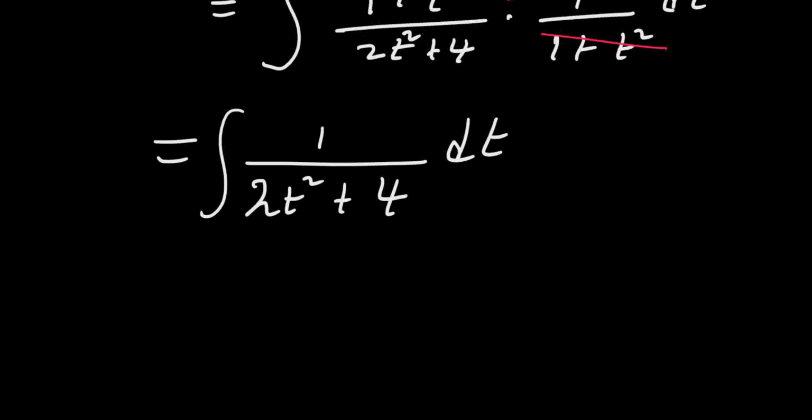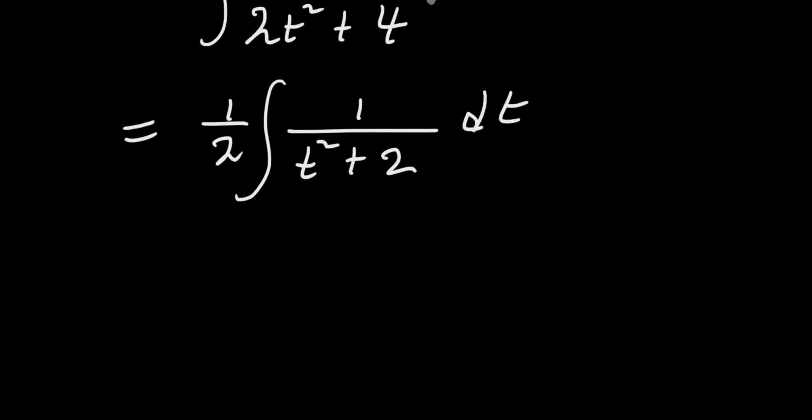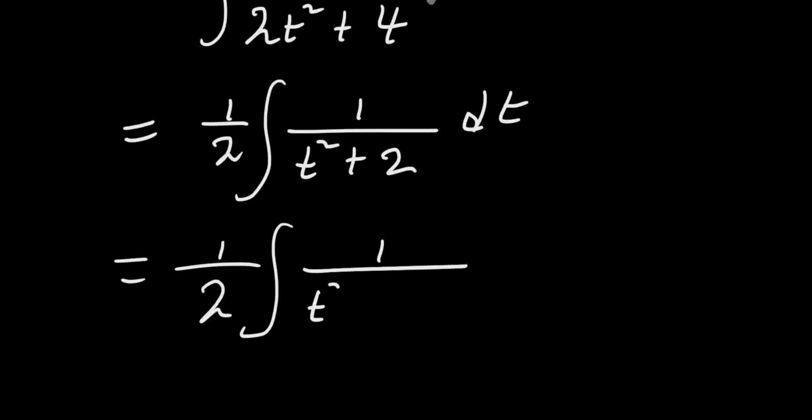At this point, we can factor out 2, so this will become 1 over 2 the integral of 1 over t squared plus 2 dt. So next we need to write this as t squared plus the square root of 2 squared dt.